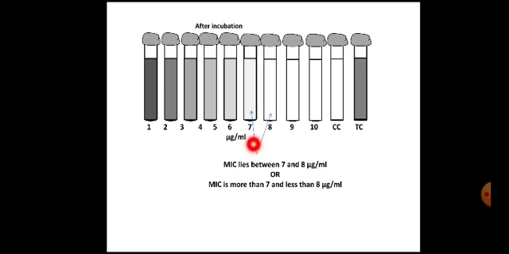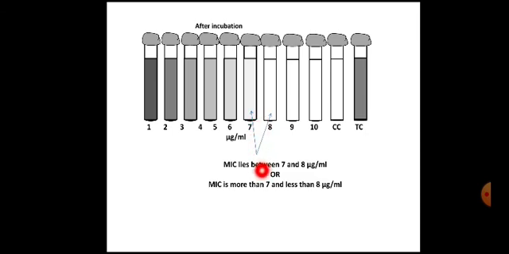If you see this 7 which is showing turbidity and 8, so there is a huge big range between this 7 and 8. What is that? 7.1, 7.2, 7.3, 7.4, 7.9, 8. So have we tested that?